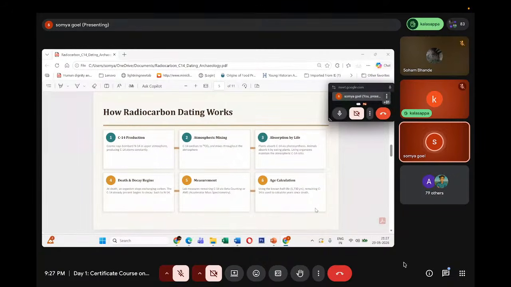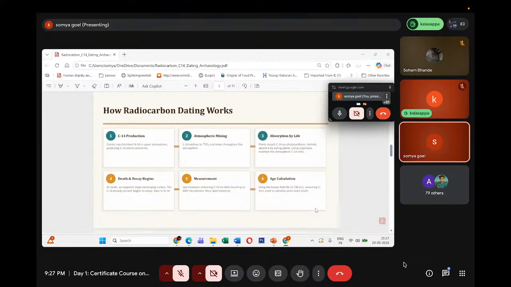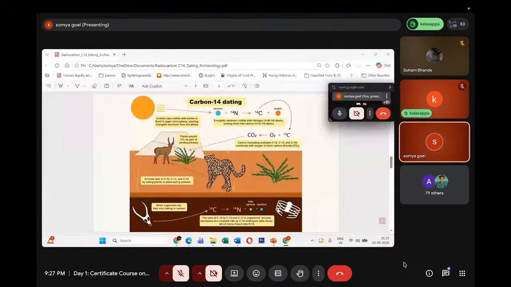The carbon exchange stops as soon as you cut the tree, so there will be a gap of 50 years there as well. So we must be very careful when working with radiocarbon dates, and we must also think about the sample's life history from the moment it formed to the moment it was excavated.